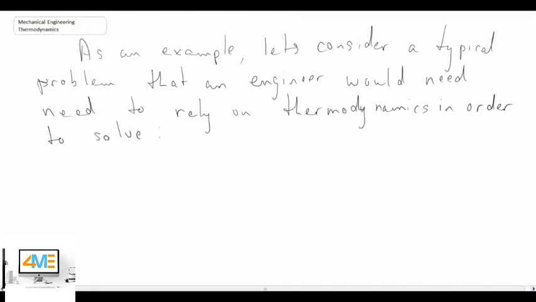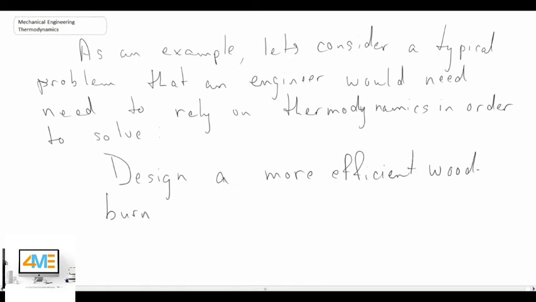So the problem statement that we're going to look at is to design a more efficient wood-burning fireplace. So that is our problem statement.